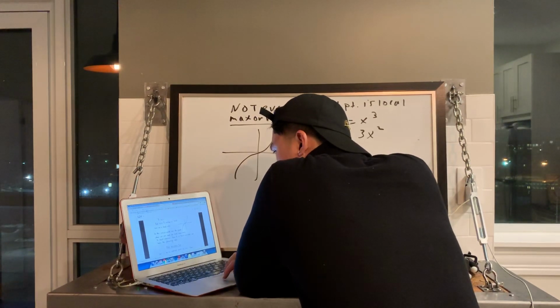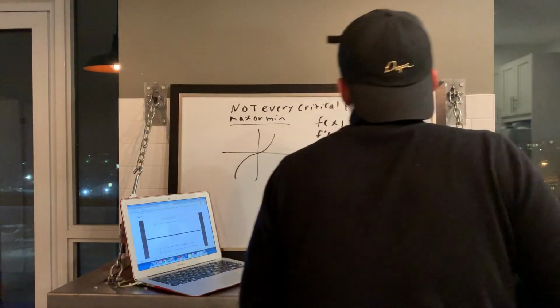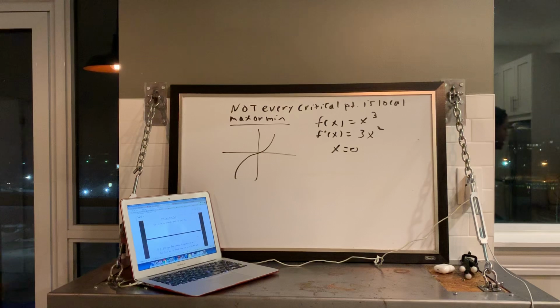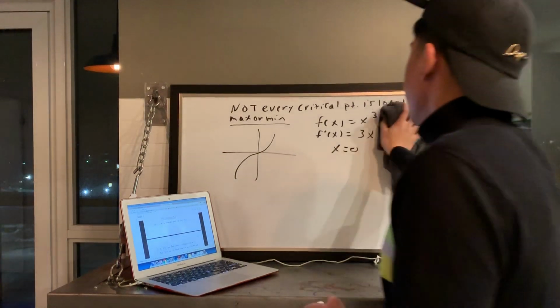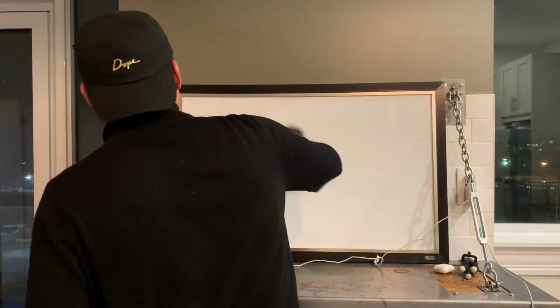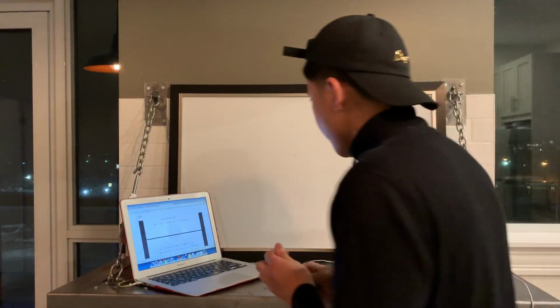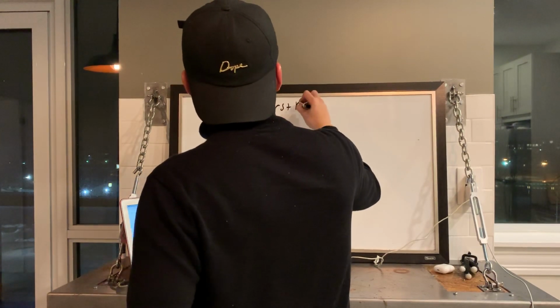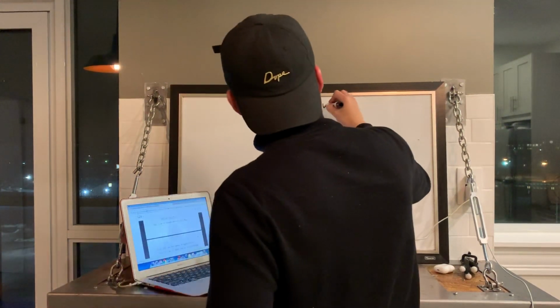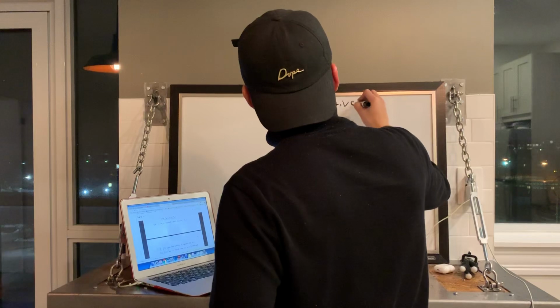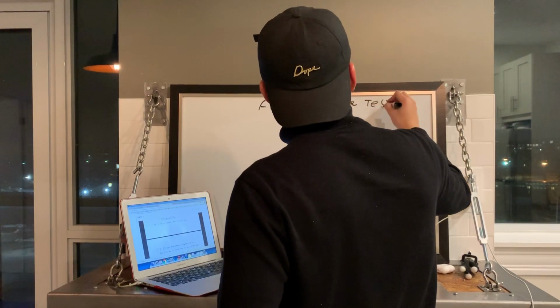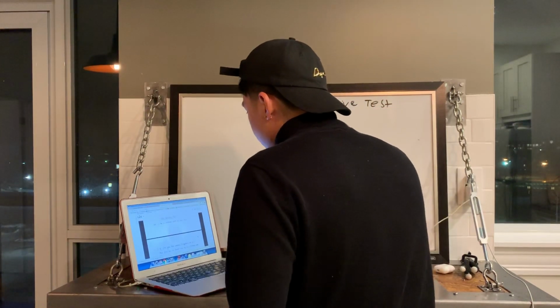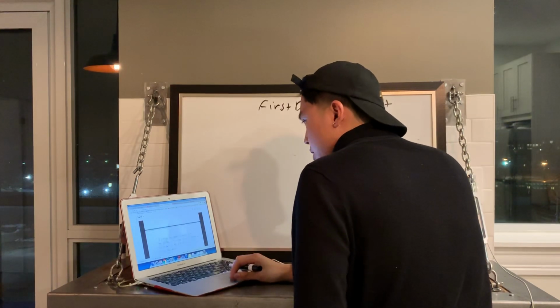So we talk about the first derivative test. And that's critical, play on words, critical for us to know. It's called the first derivative test. So let's say c is a critical point of the function f of x.